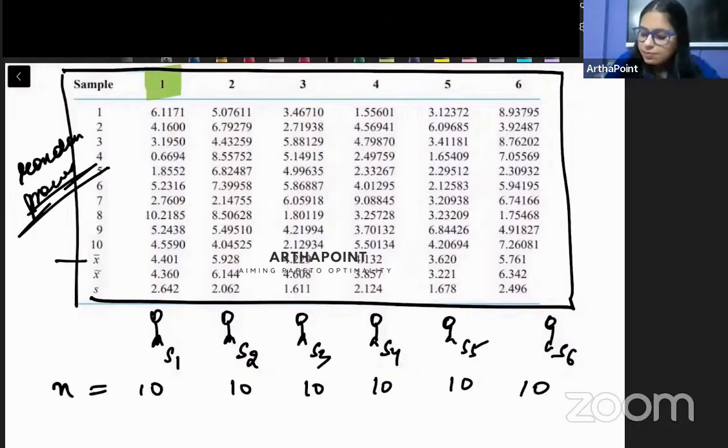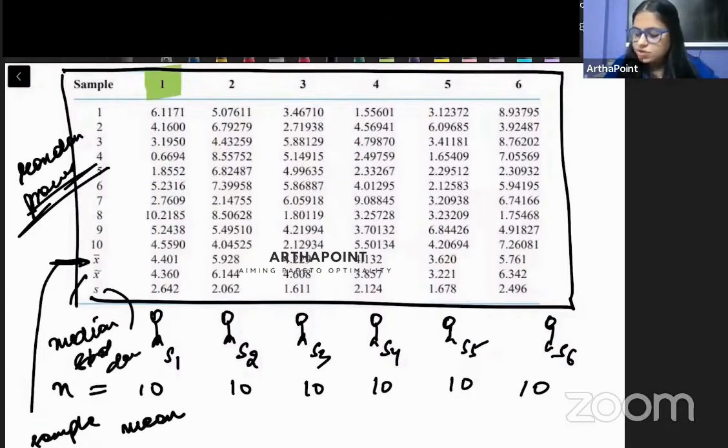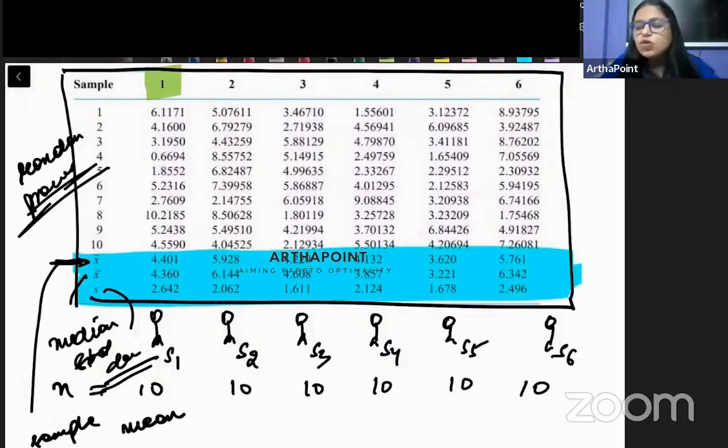Now here is the sample mean given to you. And then you're also given the sample median, and you're also given the sample standard deviation. ये 3 चीजें आपको इस टेबल में given हैं. Now if you just note down the sample mean, you will notice that the sample mean also differs. तो अगर आप पहला नोटिस करो, इसका sample mean 4.40 है, whereas this sample mean is 4.1, this is 3.6, 5.7.